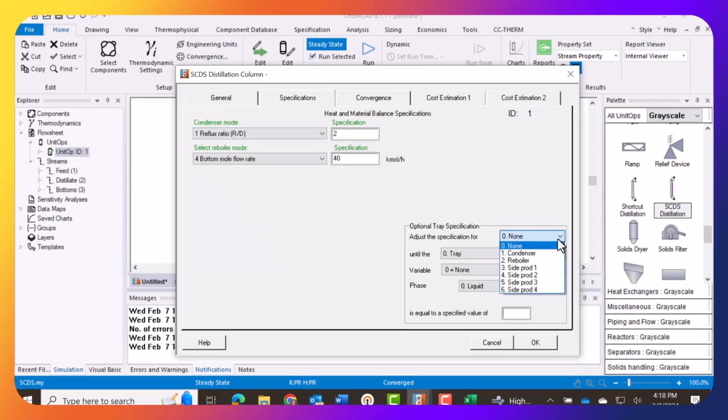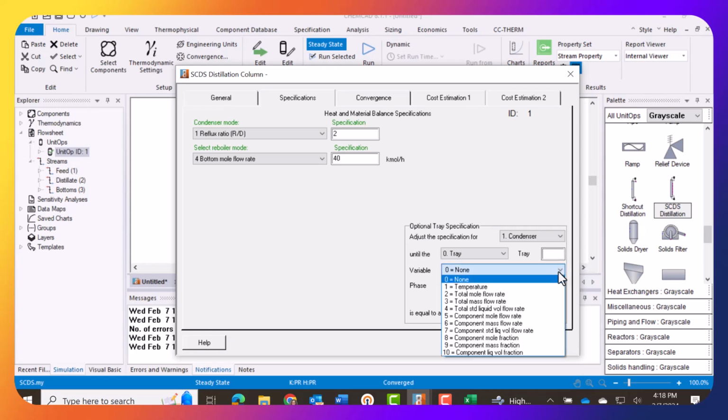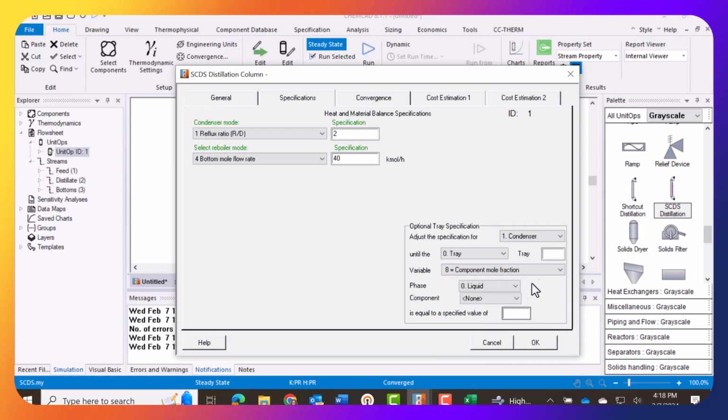And I can also say that maybe at the condenser, I want a variable, the component mole fraction in tray 1, is equal to 0.92.